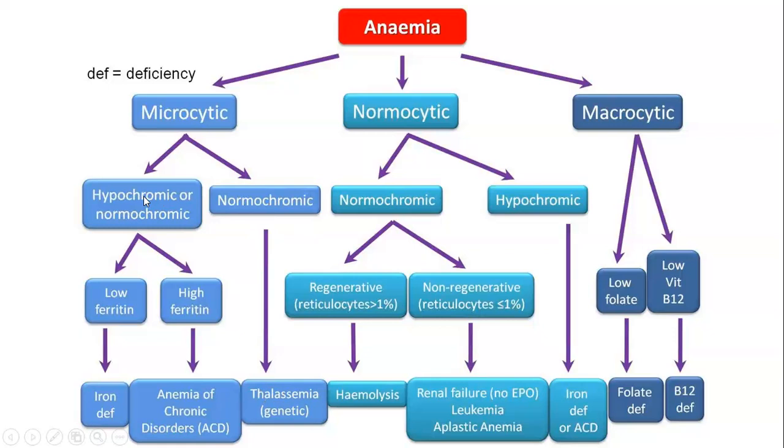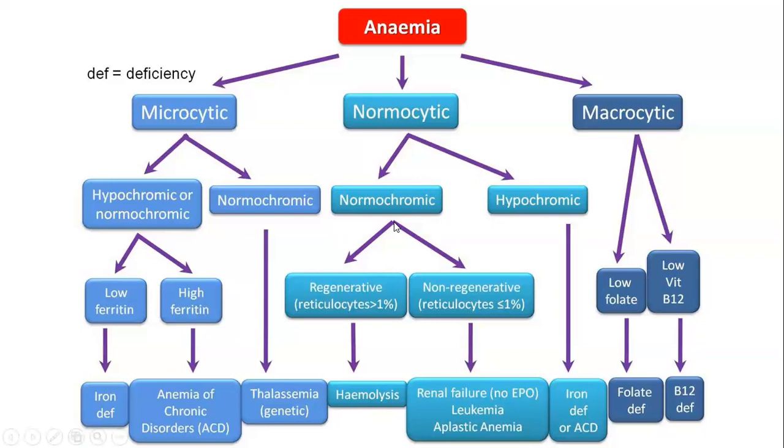If it is hypochromic, microcytic, low ferritin: iron deficiency. Hypochromic and microcytic, but ferritin is higher: anemia of chronic disease. But normocytic, normochromic, or hypochromic: if it's hypochromic, iron deficiency or anemia of chronic disease.